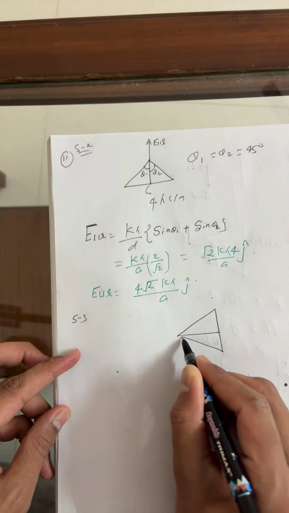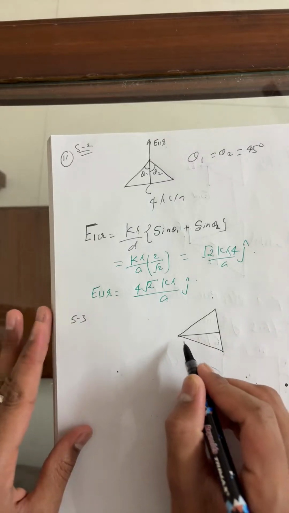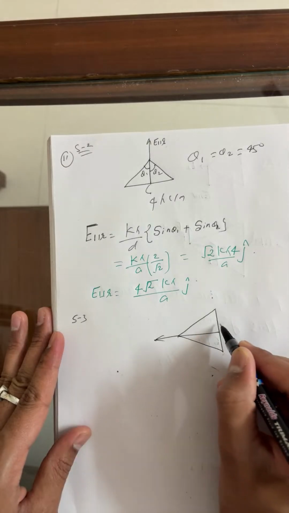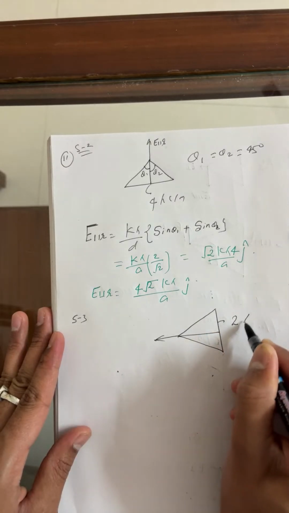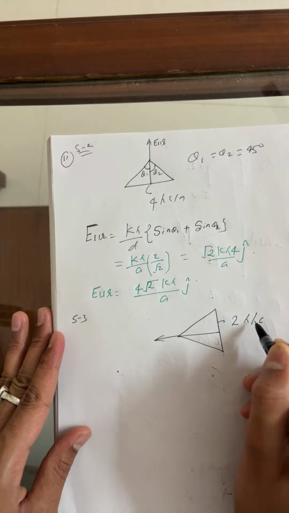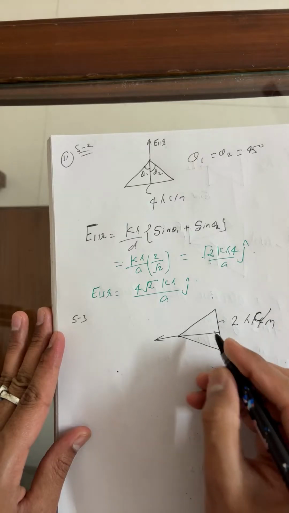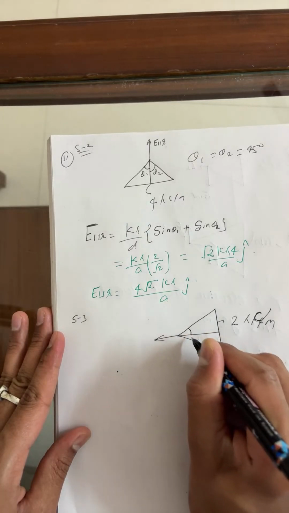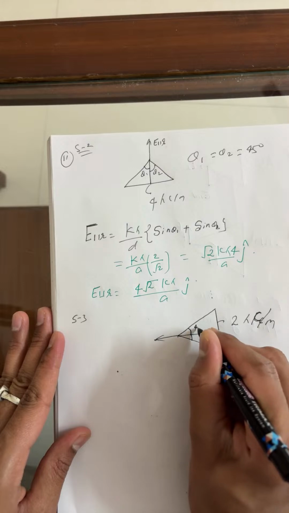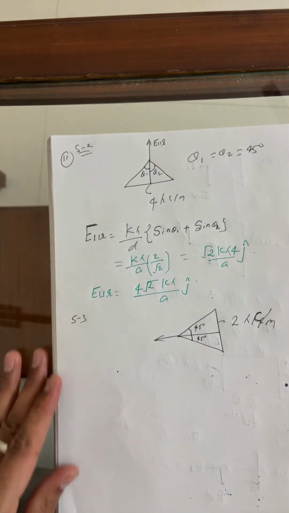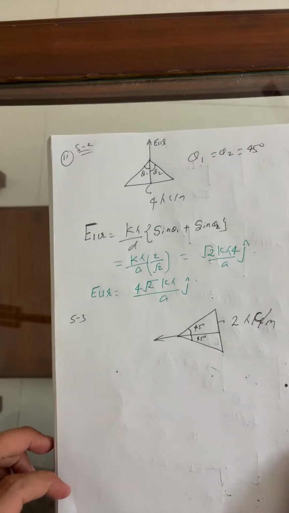Again, one component remains 0, the parallel one. The perpendicular one we will get in these directions. This is 2 lambda coulomb per meter. You can see this angle and this angle are both 45 degree.